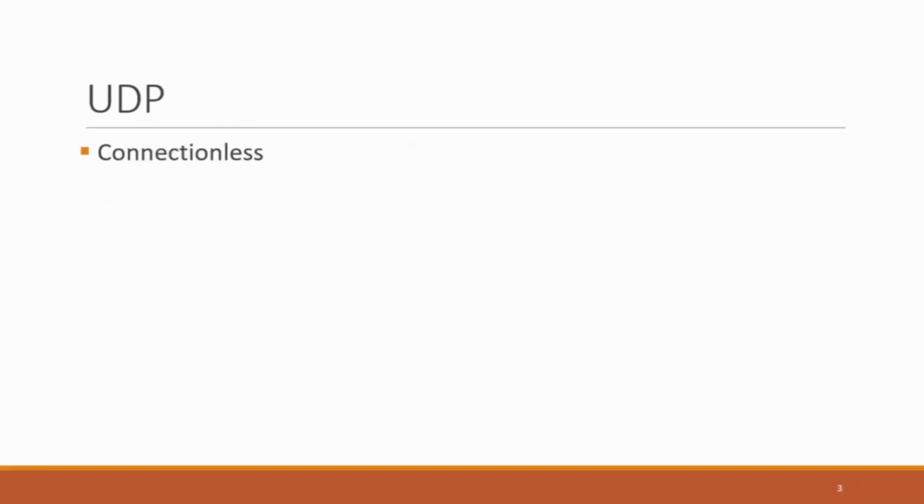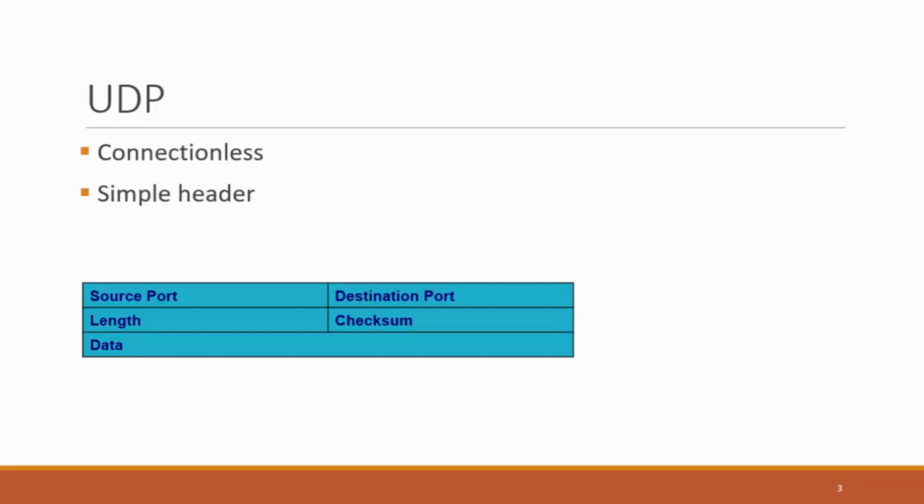UDP, this is our speed protocol, the one we use for streaming. Connectionless. It consists of a very minimalistic header. And there is no acknowledgement of the data that is received by the receiver. That's why it's connectionless.